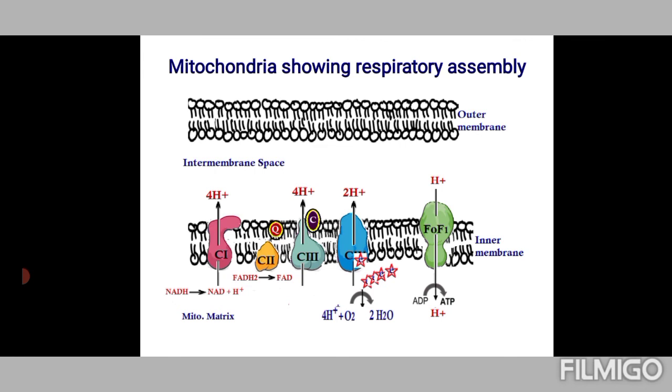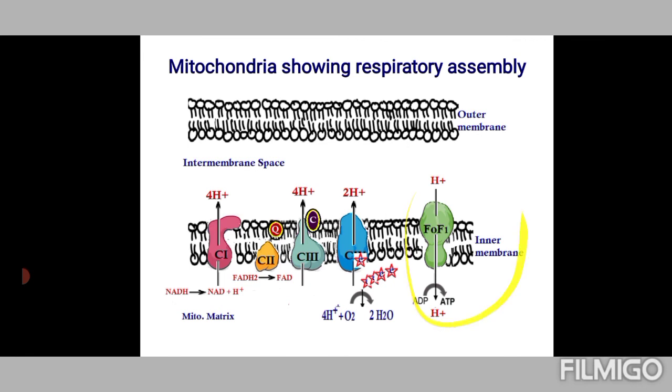So what is actually achieved here is an accumulation of protons in the intermembrane space and generation of a proton or pH gradient or an electrical gradient across this membrane. Otherwise, electron motive force is converted to proton motive force, and proton motive force is converted to phosphoryl transfer potential.